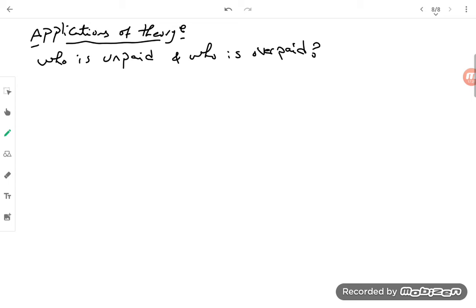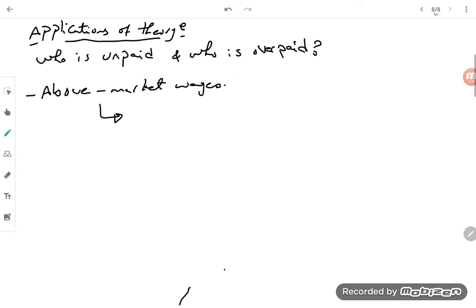Let's start with above market wage. Workers who get a higher income than the market clearing wage are said to be overpaid workers.